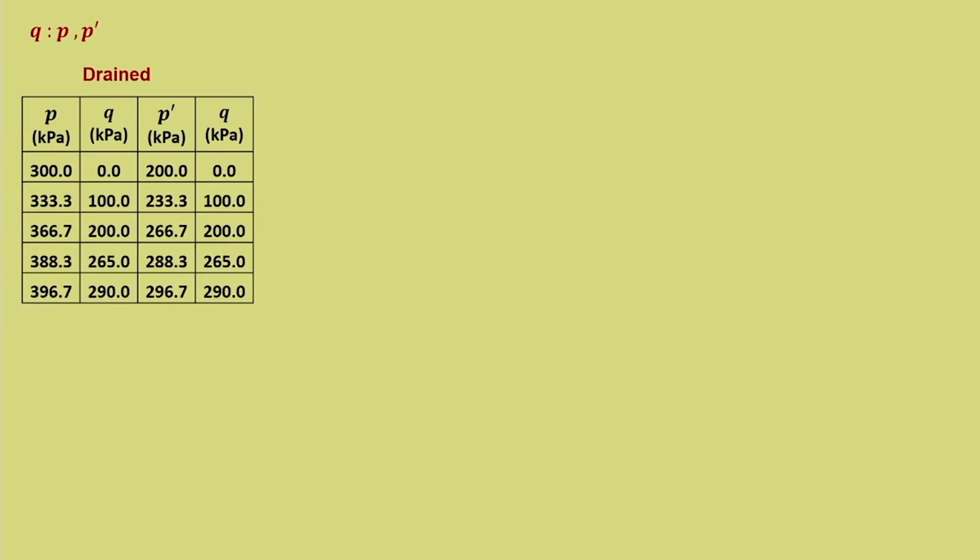Now, for the q-p-p dash plot it is more or less the same as the s-t plot. Again we need to find p and q. I hope you remember what p and q are. If not, please refer back; corresponding p dash is obtained and q is obtained. Note that q remains the same, q is equal to q dash.